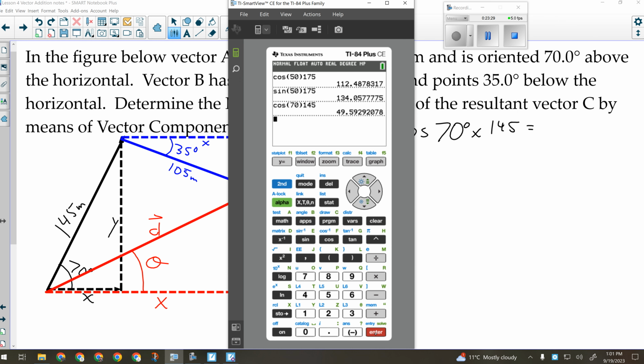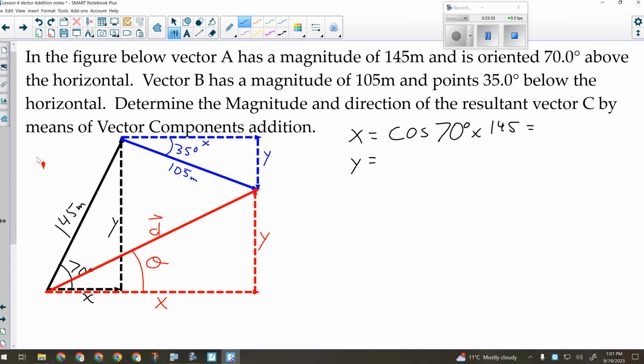All right, so that side is going to be 49.593 meters, right, it was in meters, and that is going to be positive. Okay, everybody all right with that? I'm keeping in my calculator that number so that I have all the decimals when I start doing calculations with it. I'm just not going to write all 10 decimal places.